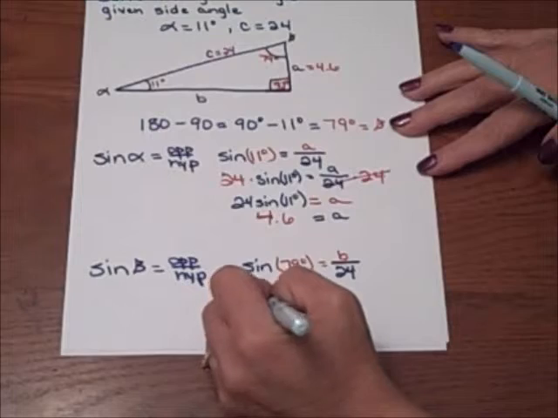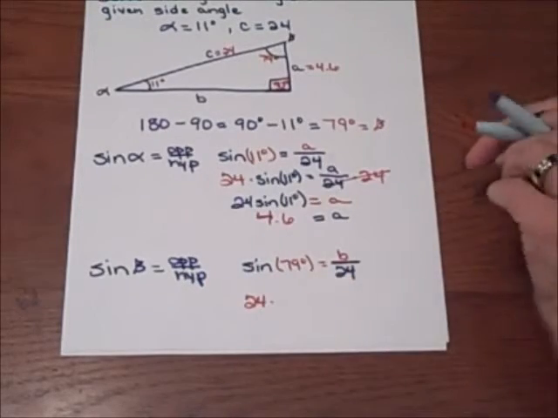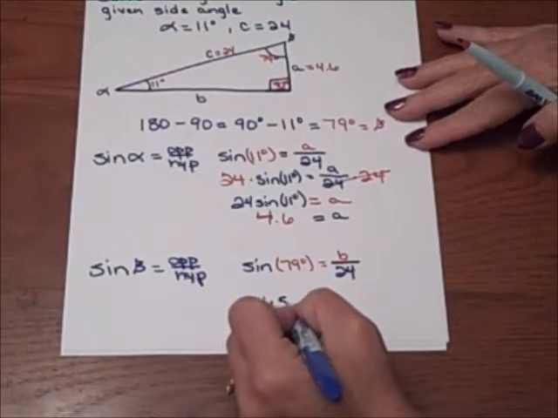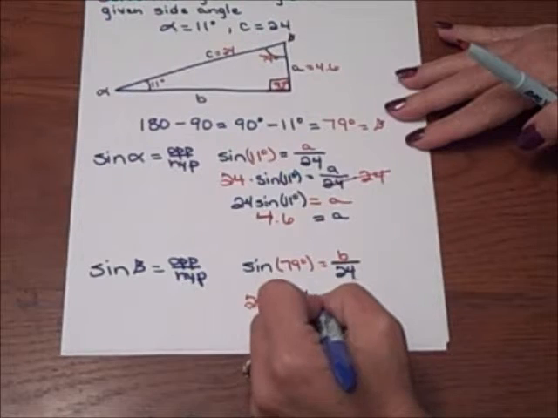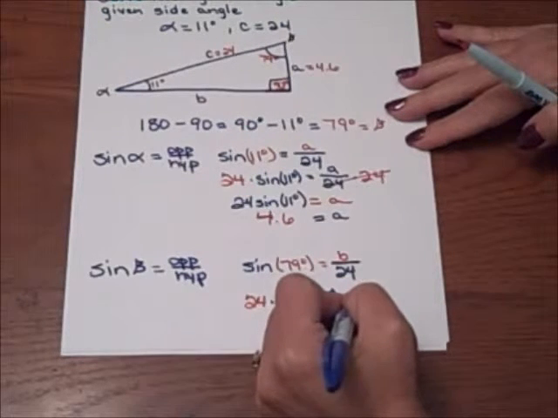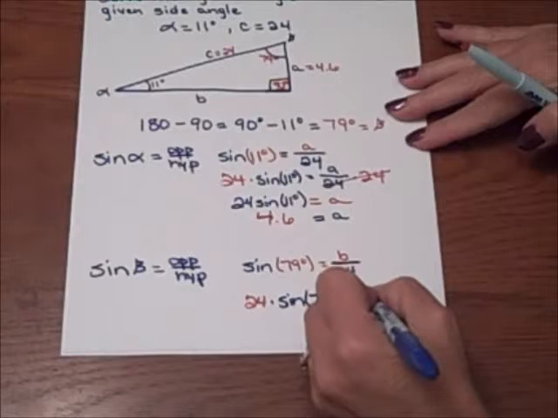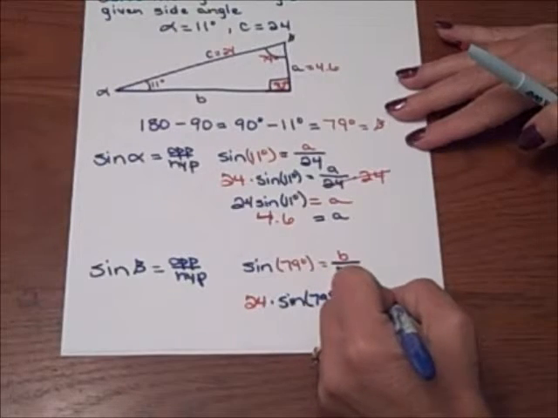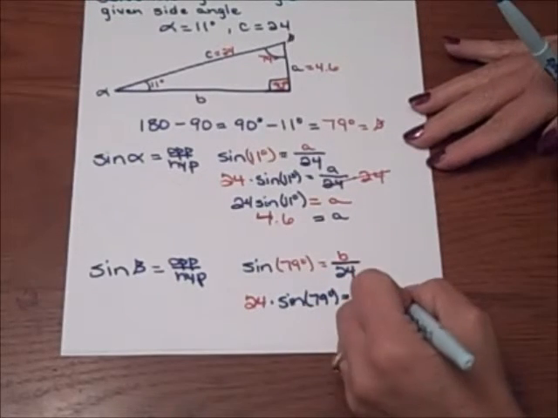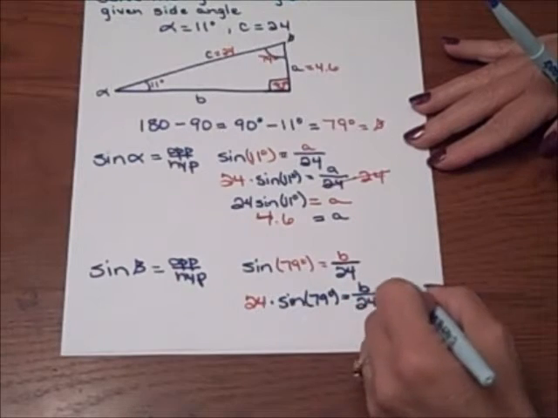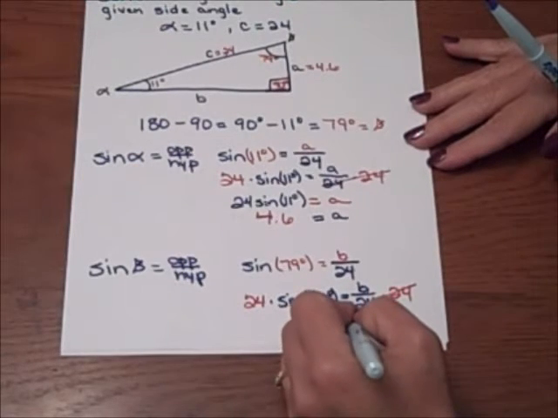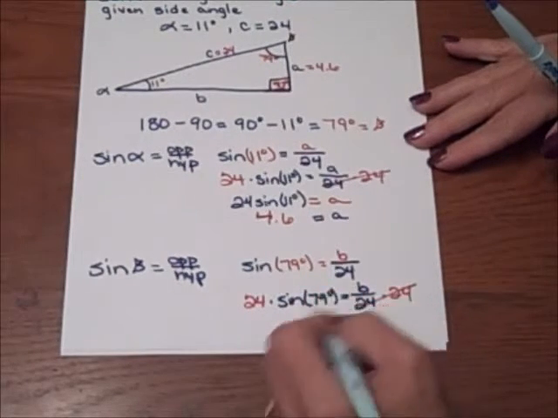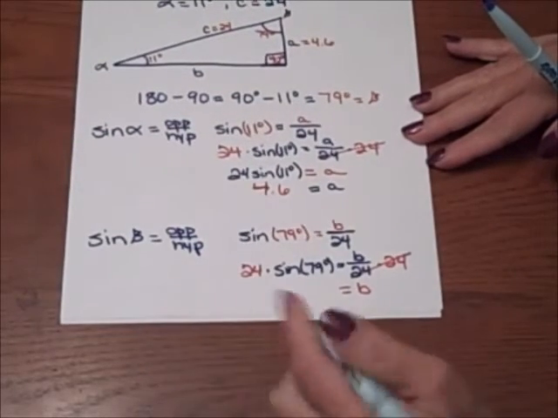One more time, we're going to multiply both sides by 24. 24 times sine 79 equals B over 24 times 24. On the right hand side, 24 cancels out, which leaves us with B.